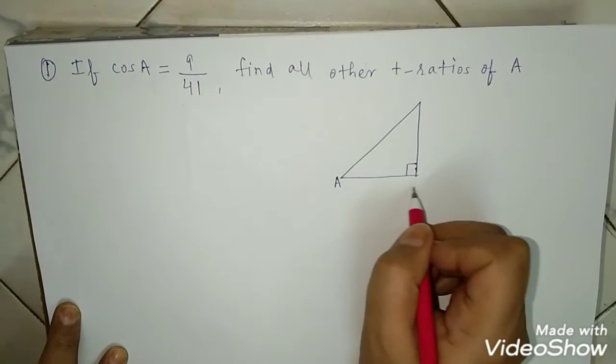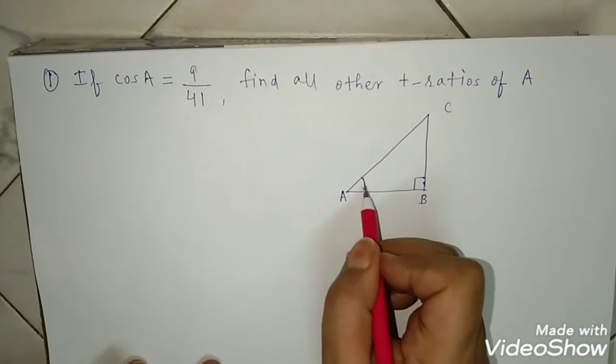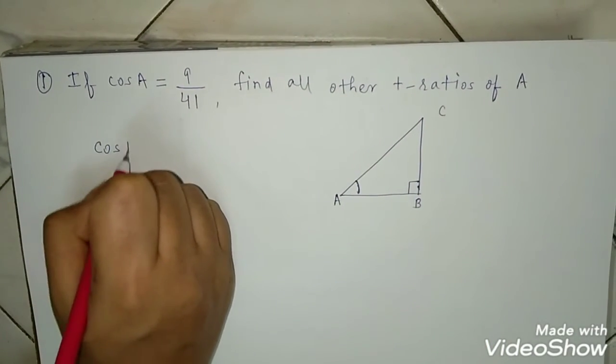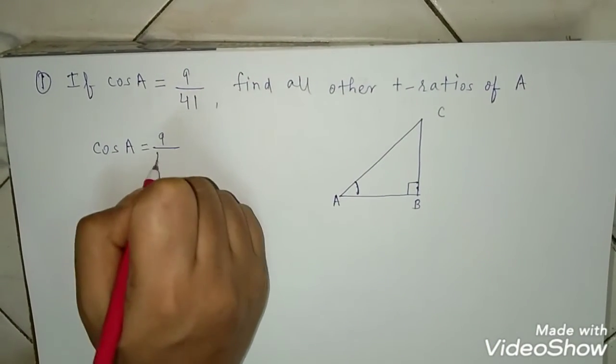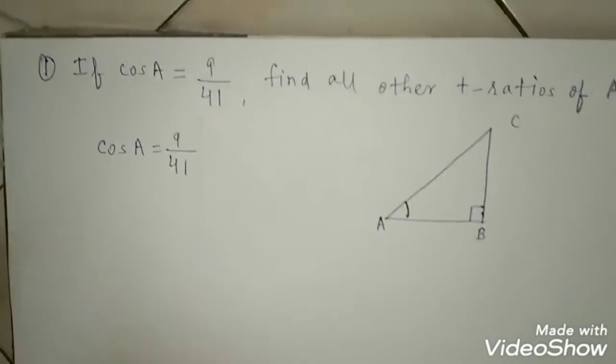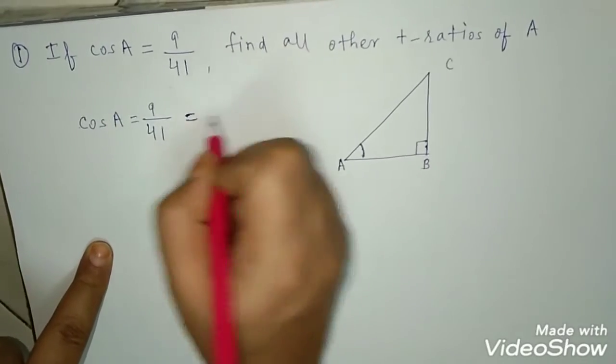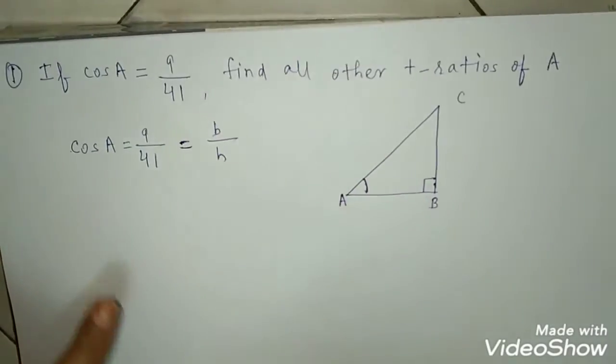We are asked to find A, so this is our angle A. They have given us cos A. What is the formula for cos A? Some people have curly brown hair, so base by hypotenuse.